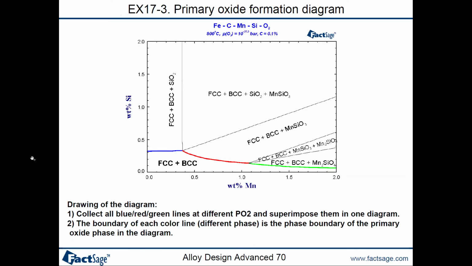Next, we will learn how to draw a primary oxide formation diagram using FactSage software. Primary oxide formation diagram requires the temperature and the partial pressure of oxygen, and this partial pressure of oxygen directly corresponds to the dew point temperature of the furnace.